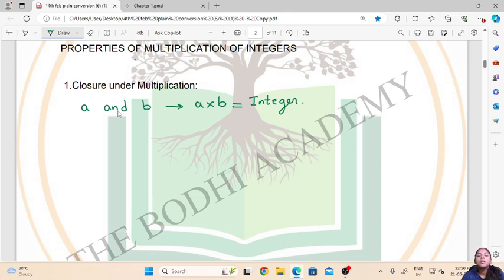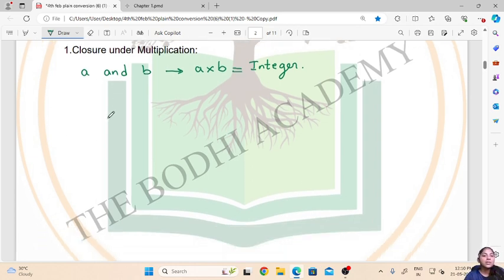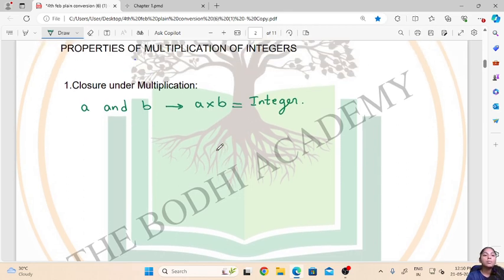Let us try to solve some examples to verify this property.